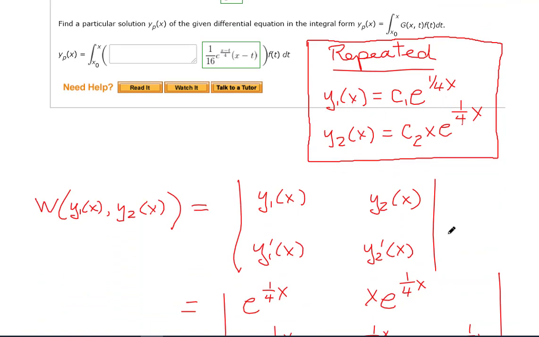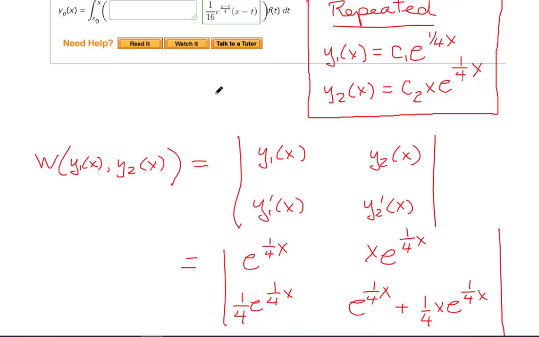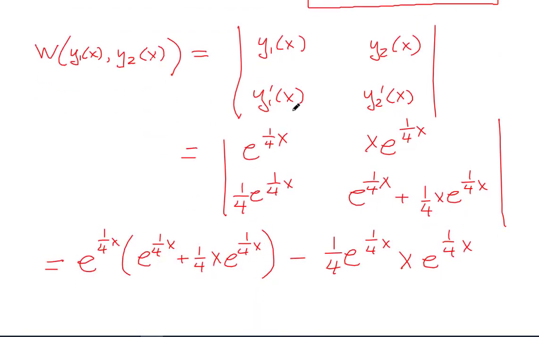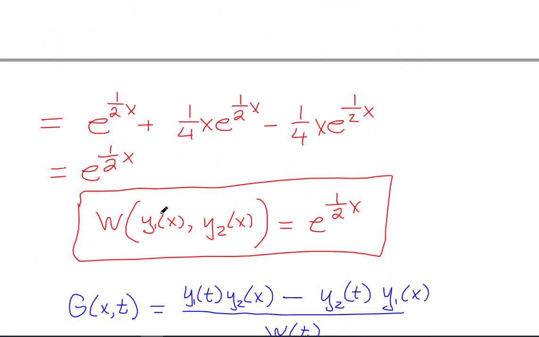If I look at the Wronskian, here's our Wronskian, plugging in e to the 1/4 x, its derivative. Here we have our y2, its product rule. Calculate the derivative, calculate the determinant, downward diagonal minus the upward diagonal. Alright, and so we get what the Wronskian is.